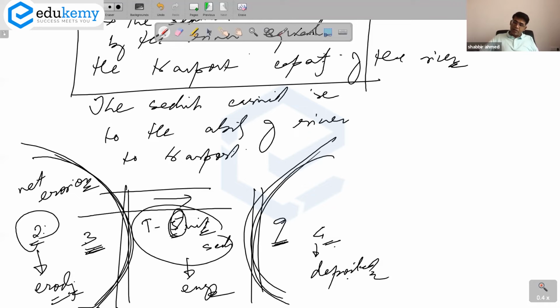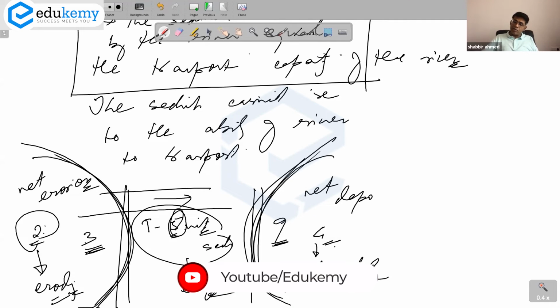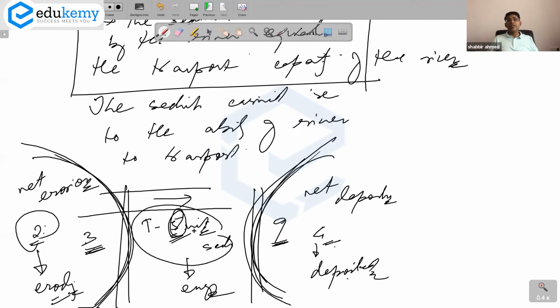So this river performs the role of net deposition. In a condition where 5 can be transported and 5 are present, the river uses its energy to transport. There is neither net erosion nor net deposition.